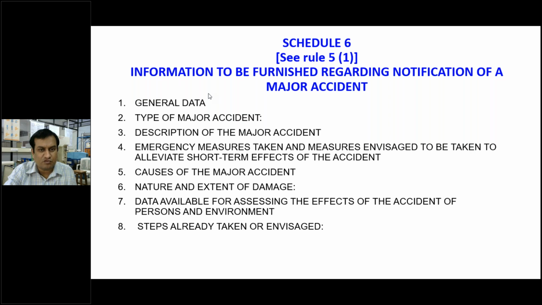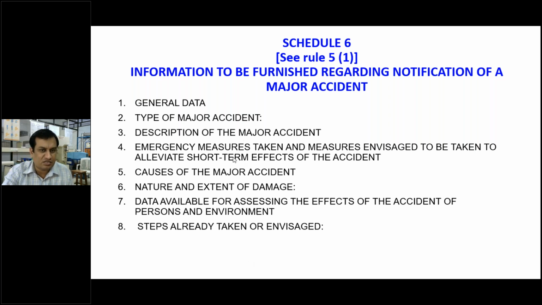So for information regarding the major accident under this notification, you should give the detailed information like general data, type of major accident, description of the major accident, emergency measures taken and measures to be taken to alleviate short-term effects of the accident, then causes of the major accident, nature and extent of damage, data available for assessing the effects of the accident on persons and environment, steps already taken or envisaged.